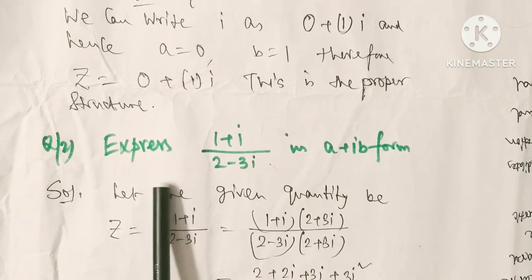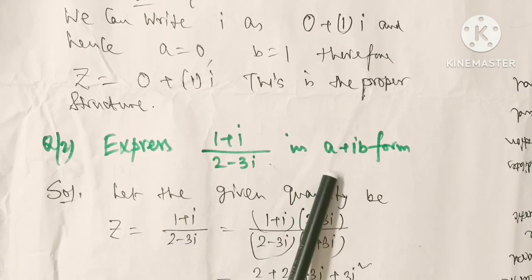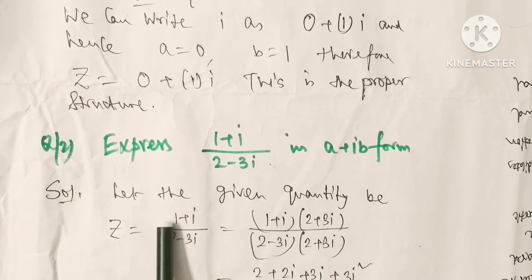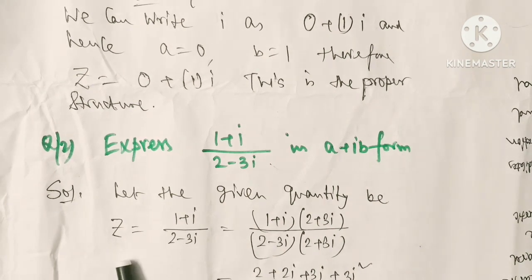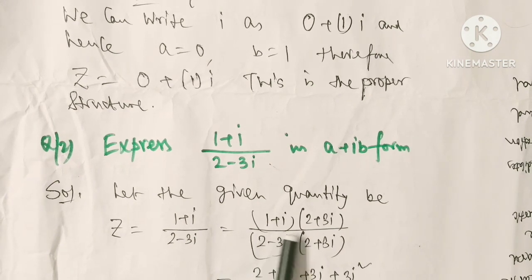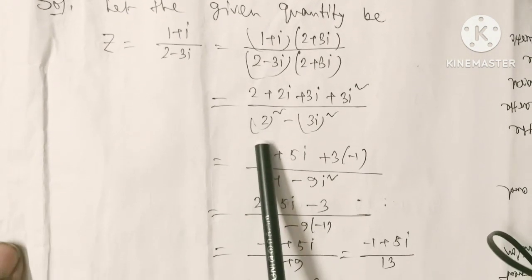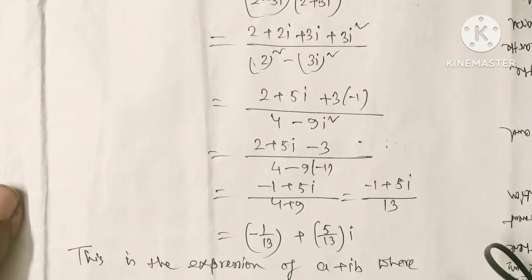Problem number 2: express (1 plus i) by (2 minus 3i) in a plus ib form. Let the given quantity be z equals (1 plus i) by (2 minus 3i). We multiply both numerator and denominator by 2 plus 3i, so it becomes (1 plus i) into (2 plus 3i) by (2 minus 3i) into (2 plus 3i), that is 2 plus 2i plus 3i plus 3i square over 2 square minus (3i) whole square.